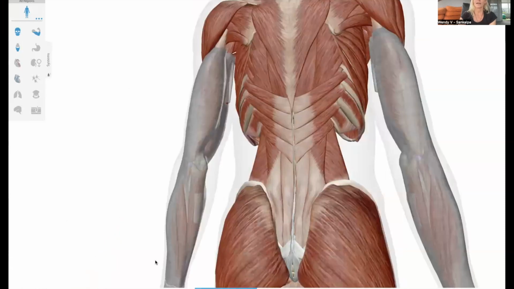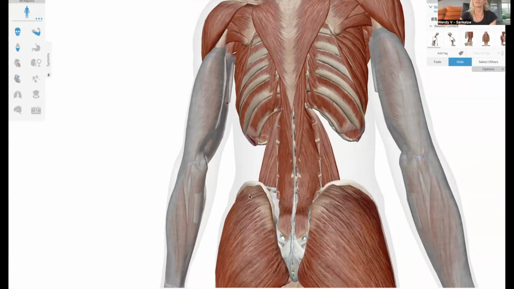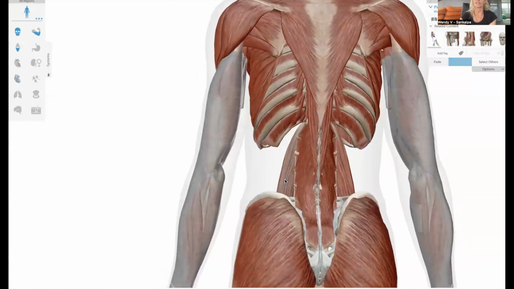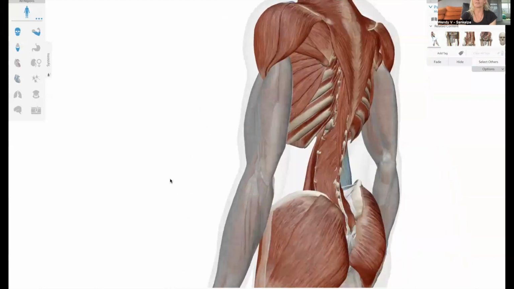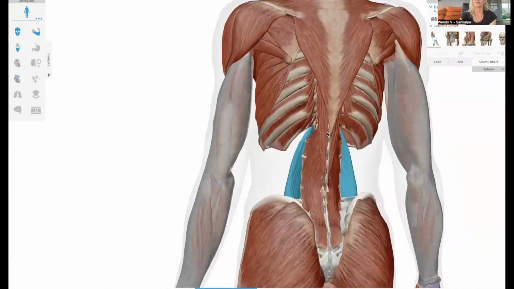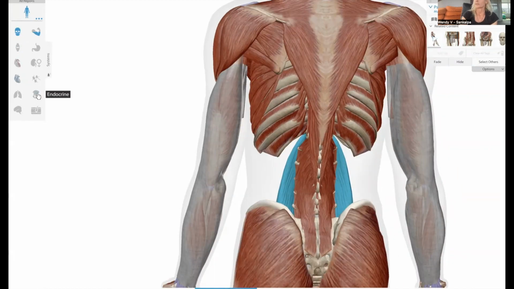If we take a look at it from the back of the body, the hip flexors attach all the way to the back of the body. So from the front all the way to the back of the body here, attaching to these vertebrae, attaching right up here.